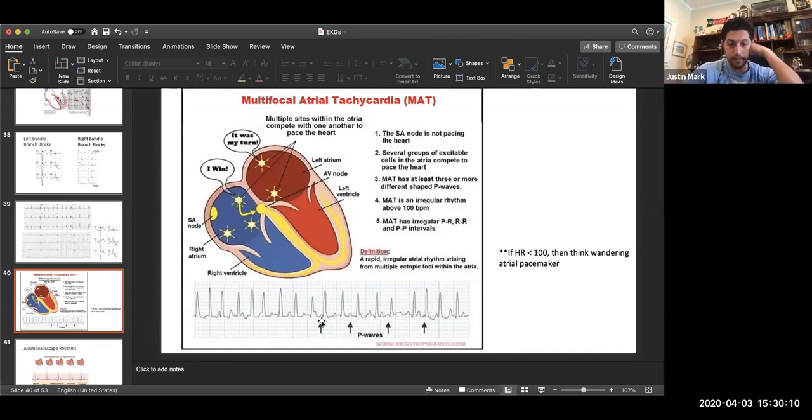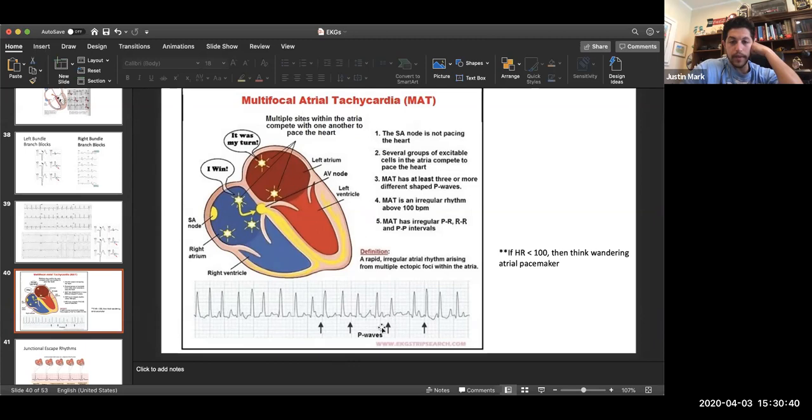That's the multifocal atrial part. The tachycardia part just has to do with the rate. We can very clearly see that this is a tachycardia, and we can calculate it. That's what multifocal atrial tachycardia means: we have different P waves and we have tachycardia. It's really that easy. This would be classified as an irregular rhythm, right?